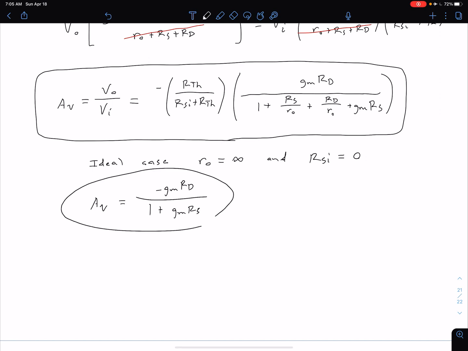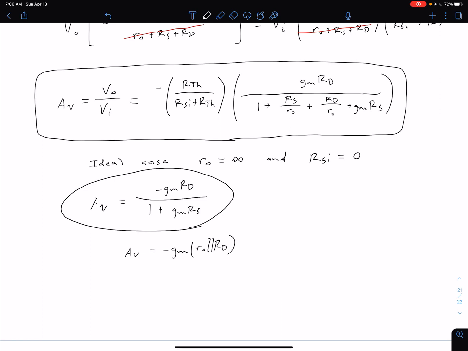And so if we compare that to the previous equation, so it wasn't for the exact same circuit configuration, but without the RS, and I think it was just a single drain resistor biasing, we didn't have any biasing network at the gate, we found that our AV, and so I'd written this above as well, was negative GM R0 parallel RD.